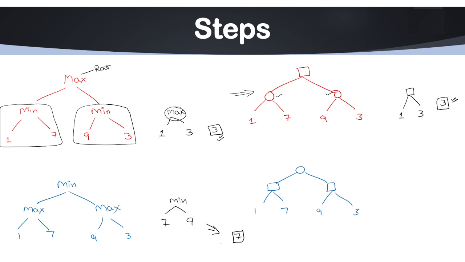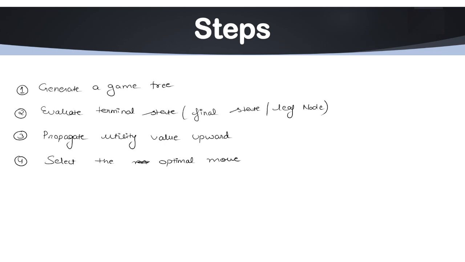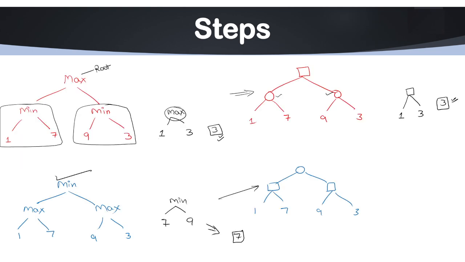So the optimal, the best solution for this particular tree is 7. Similarly, we can solve this. Right, everyone? So these are the utility values that we have calculated upward. All clear? This is how we calculate min-max search algorithms.